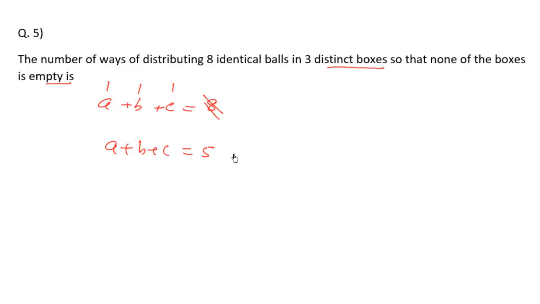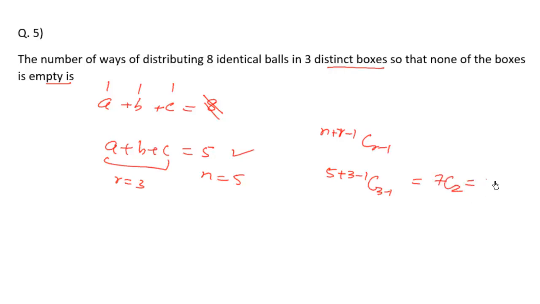So there are various combinations. So clearly we have to find the non-negative integral solution here. So the value of n is 5 and the value of r is 3. So the answer should be n plus r minus 1 C r minus 1. Substituting the values, it is 5 plus 3 minus 1 C 3 minus 1, which is 7C2, which comes out to be 21. So 21 becomes the right answer.